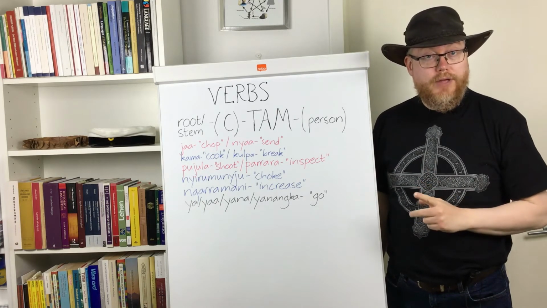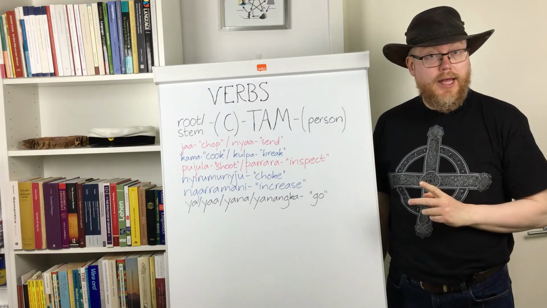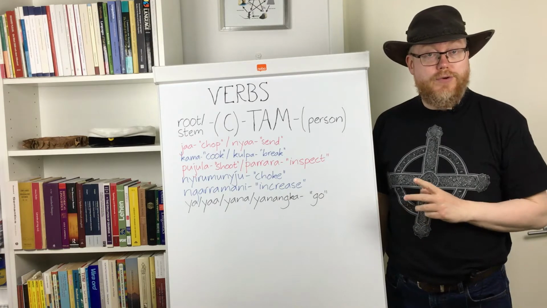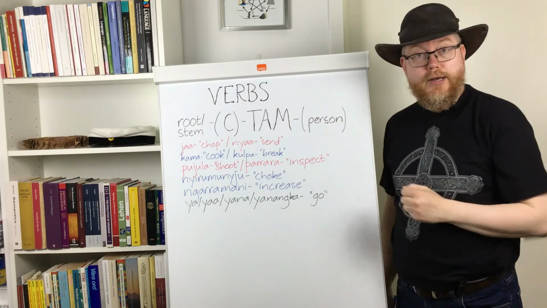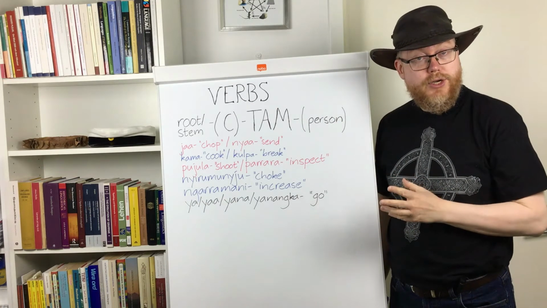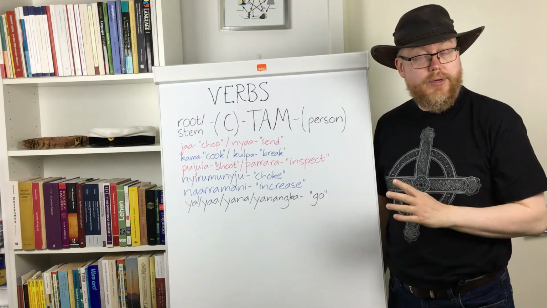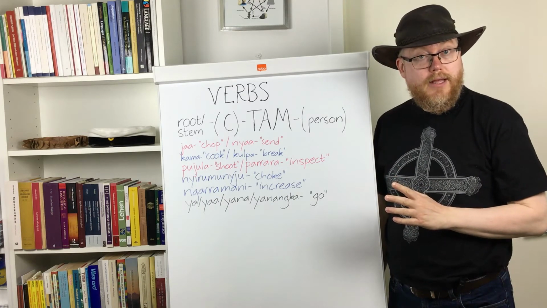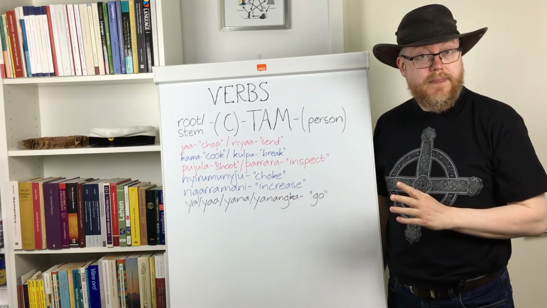Now, I have given a lot of thought to how to introduce verbs, and I've also been doing a lot of reading. Because you see, the verbs are the most complex unit that we get in Australian Aboriginal languages. This is true for Pama-Nyungan languages.